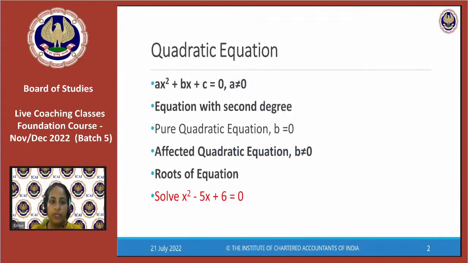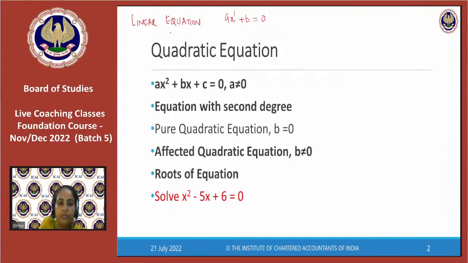Before going to quadratic equations, just a small revision. In the last class, we did linear equations. A linear equation is the one wherein the highest power of the variable is 1.